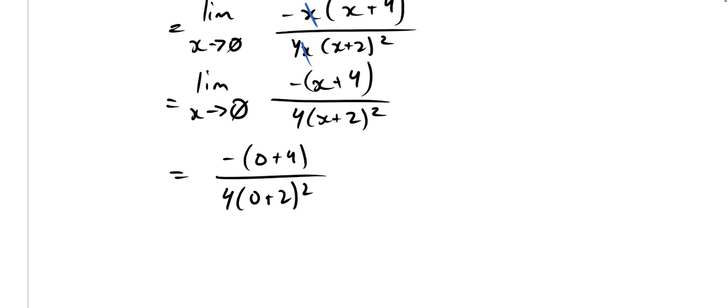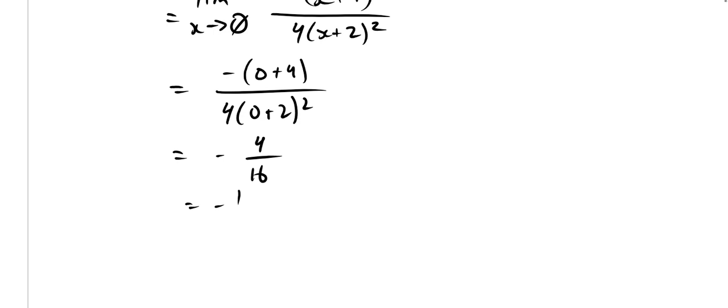So that's -4 on top and 16 it looks like on the bottom. 2 squared is 4 times 4 is 16. So -1/4. Again, I think that should feel familiar from MHF.